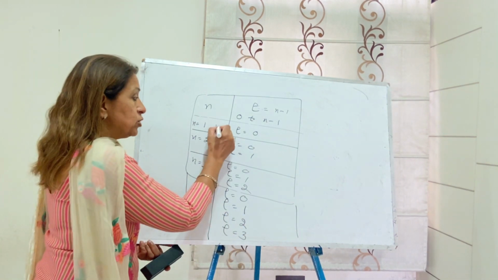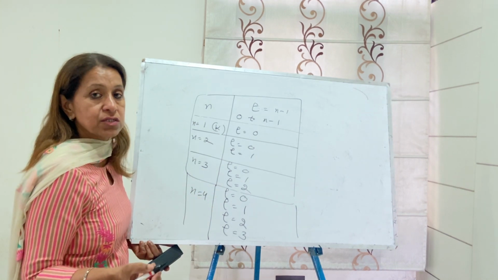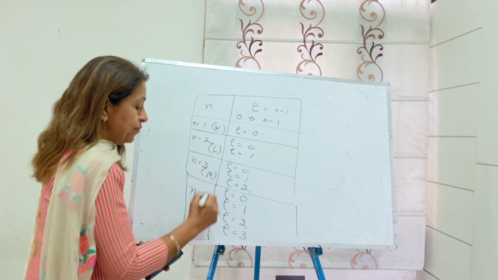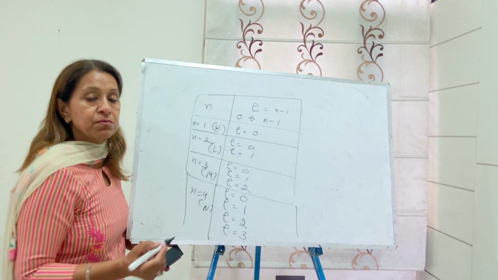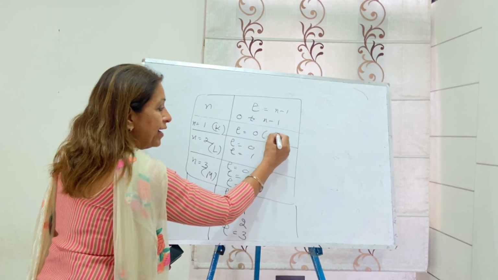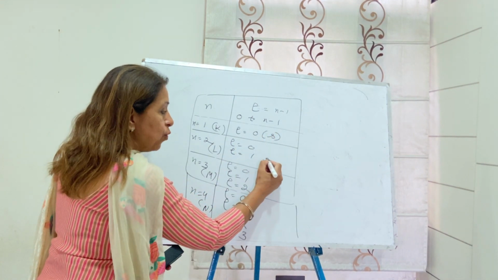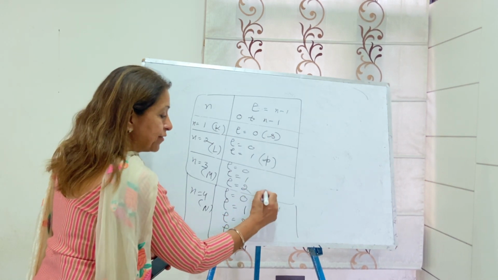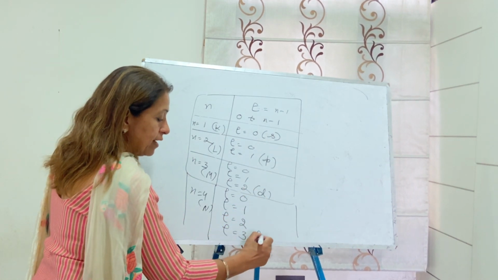Now this is your K shell when n is 1, which we have discussed already. Repeating: n=2 is L, n=3 is M, n=4 is N. Now let us give the names. If L is 0, it's called small letter s. If L is 1, it's called p. L is 2, d. L is 3, f.